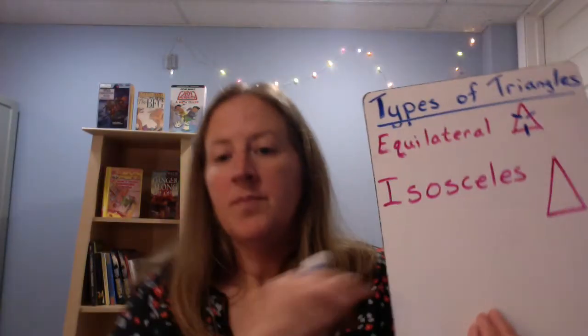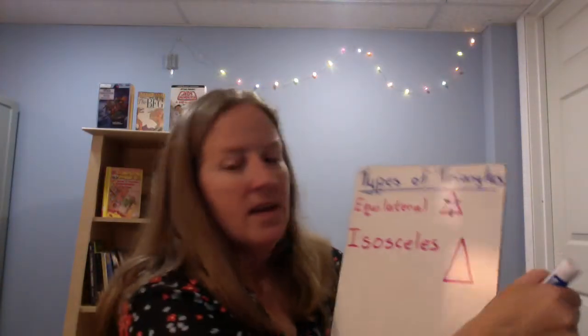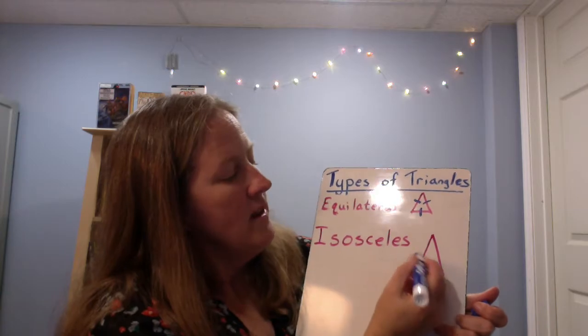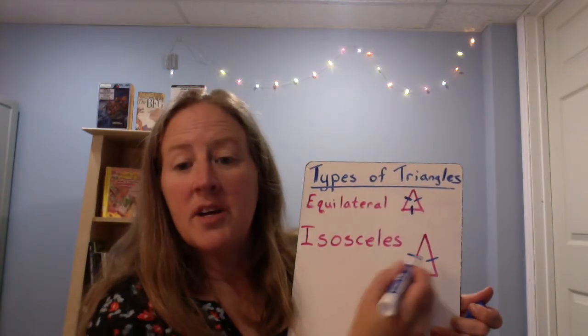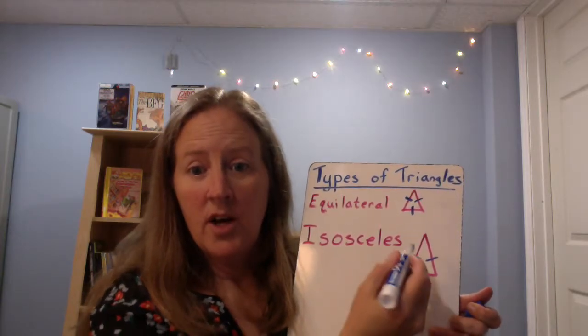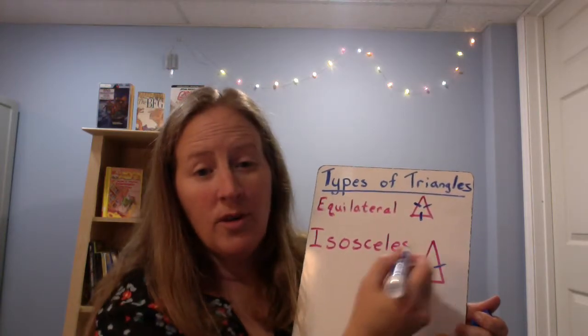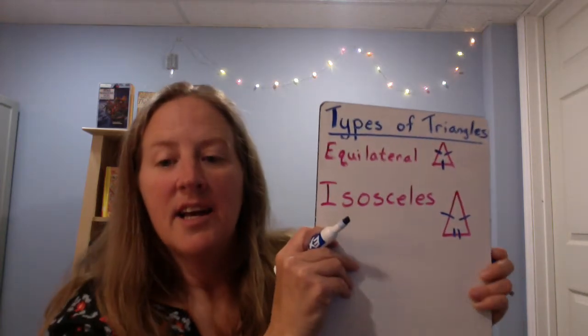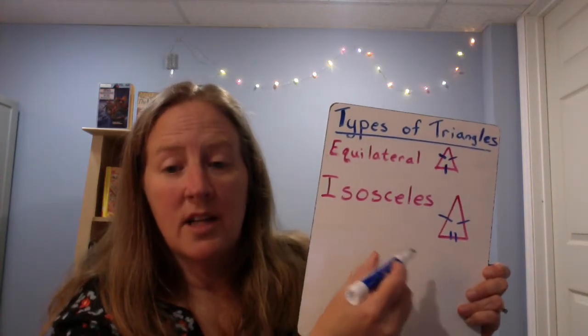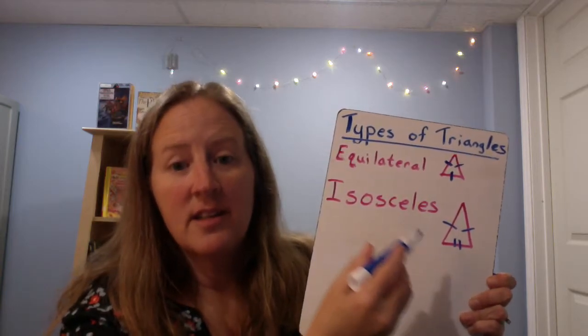But again, following the format of how mathematicians mark these triangles, here's what they do. We're going to put one line on this side. We're also going to put one line on this side because those 2 sides are equal. So one line for each means they're equal in length. This bottom side then gets 2 little lines on it to show that it's a different length.